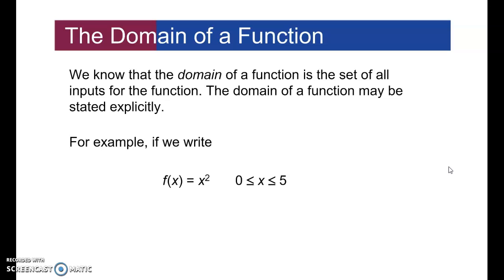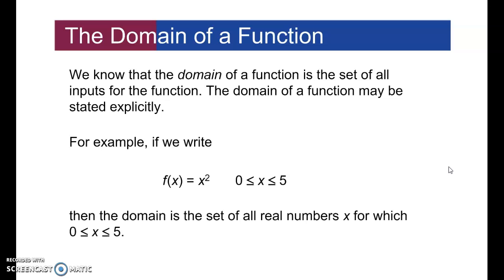So we could substitute 0 in for x, and we'd get 0 squared is 0. We could substitute fractions in for x as well, but I'll do the whole numbers. We could substitute 1 in for x, and 1 squared is 1. Sub 2 in for x, and 2 squared is 4. Sub 3 in for x, and 3 squared is 9, and so on.